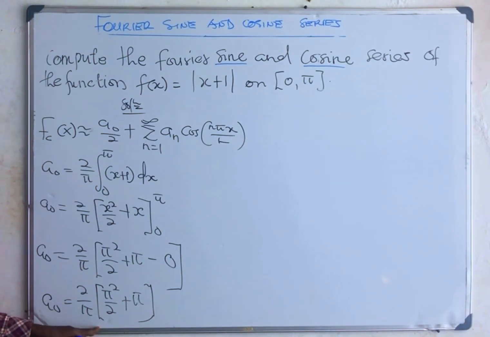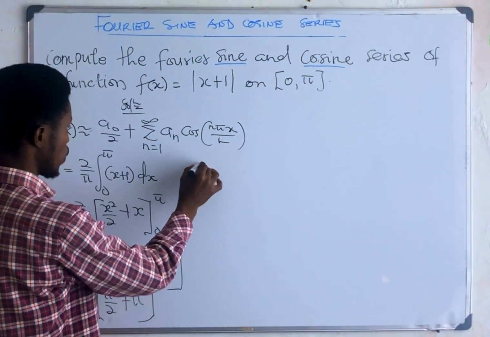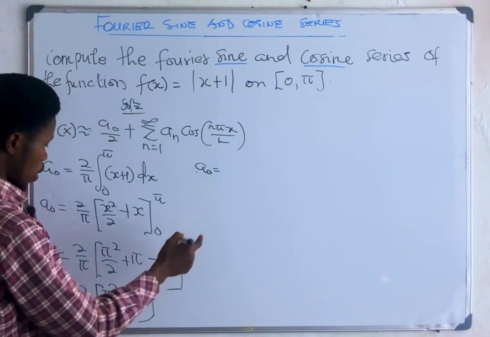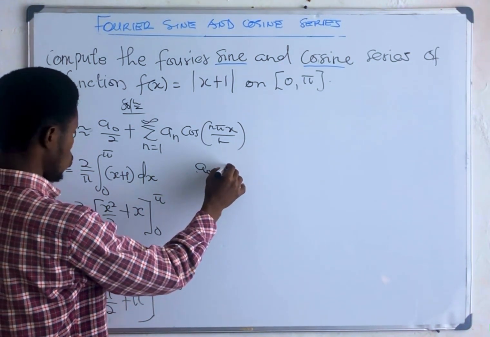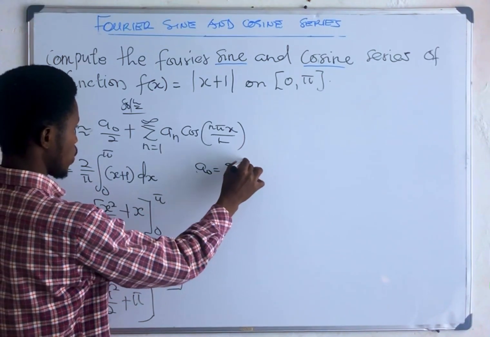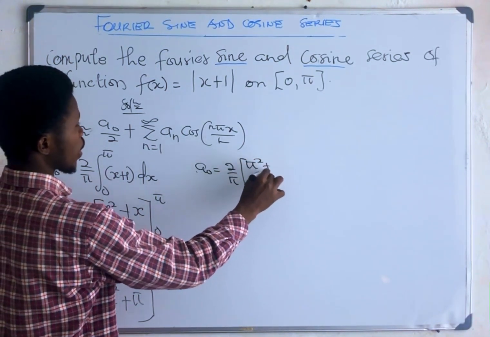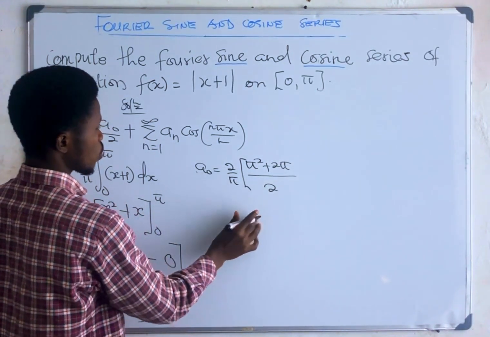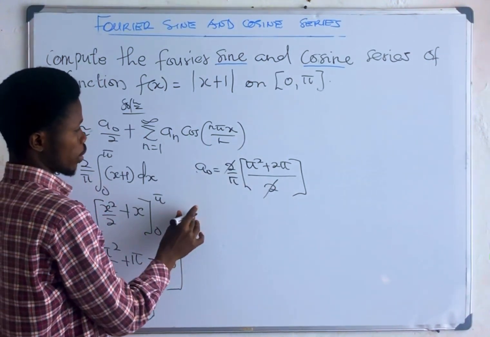Now here you can find the LCM, right? If you find the LCM, we are going to have a naught equals 2 over pi times pi squared plus 2 pi all divided by 2, like this. So these two will cancel.